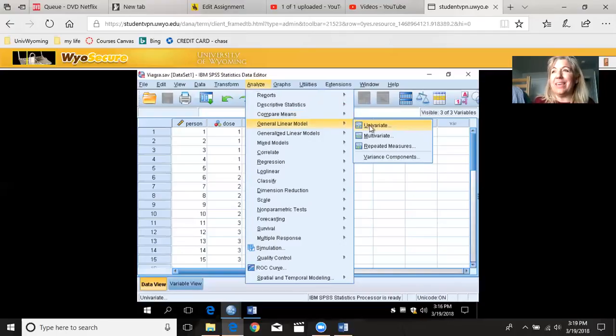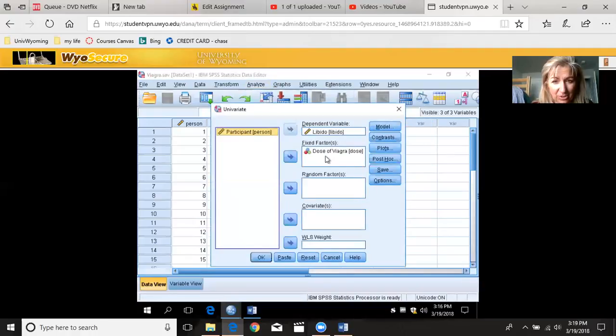In both of these cases, the dependent variable, the thing that we predict, is actually a basket of variables. There's more than one. But in univariate, we're just predicting one thing. In this case, in univariate, we are predicting the libido.